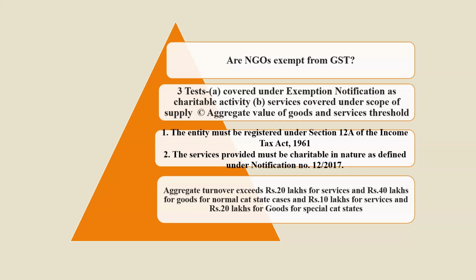Now, that may be an incidental business income. Please also remember, when I'm talking of a service contract, I'm not saying that it is a pure commercial contract unrelated to your objects. It's a contract which is related and incidental to your objects, but it is a business transaction.